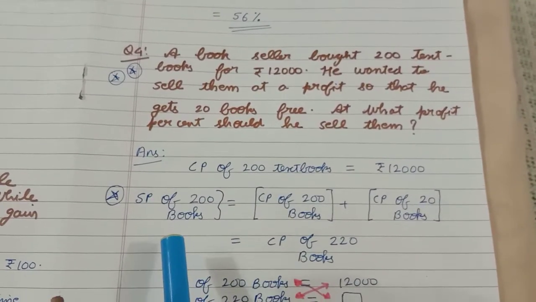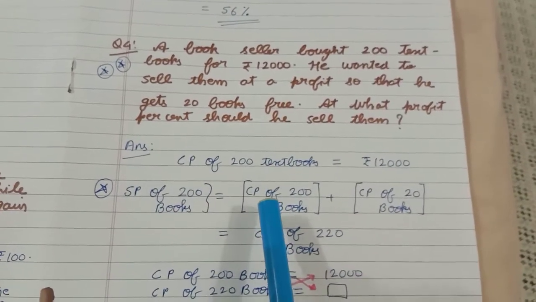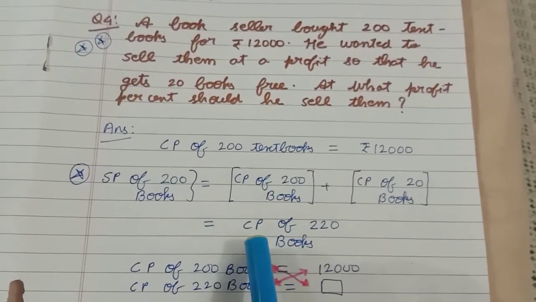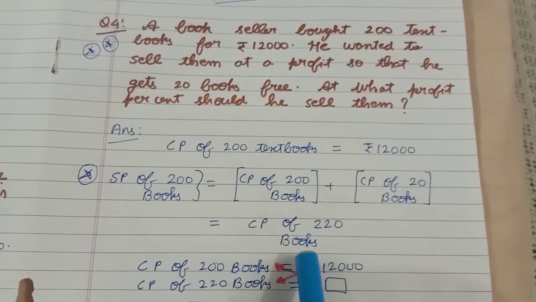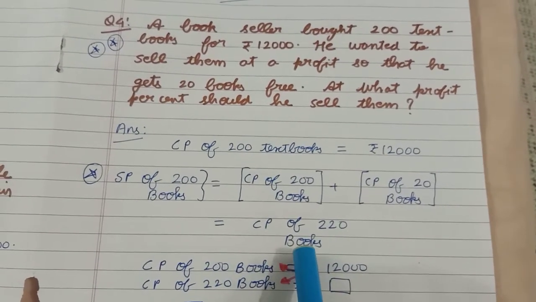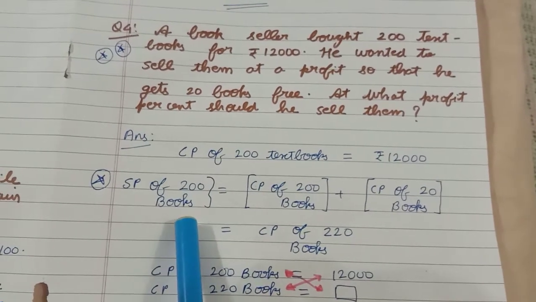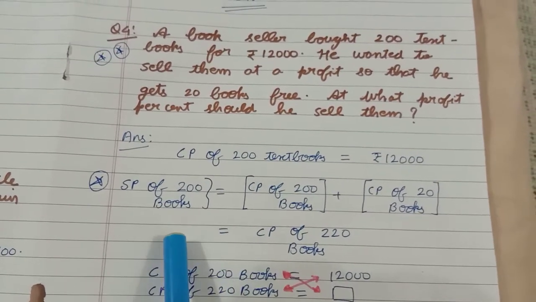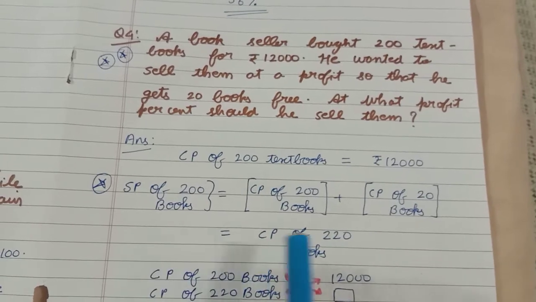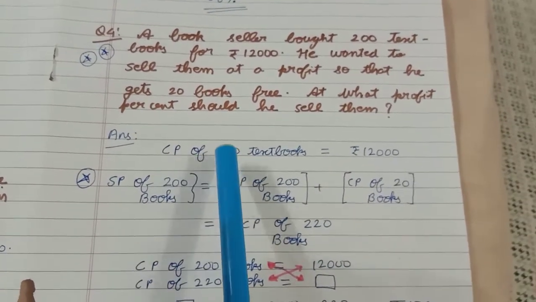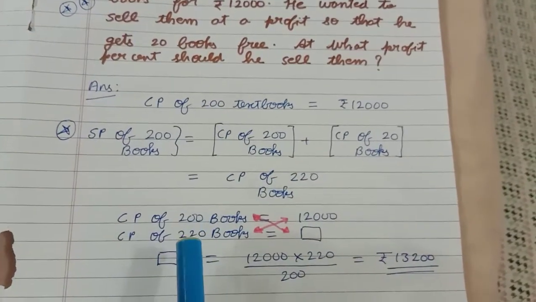Are you getting it? Now if you see, cost price of 200 books plus cost price of 20 books, so it is cost price of 220 books. Cost price of 220 books is the selling price of 200 books. So 200 books were sold at the price of 220 books. That means selling price will be more than the cost price. Let us calculate this.